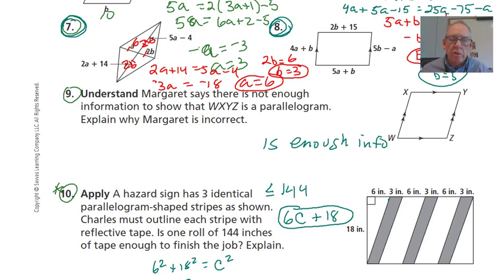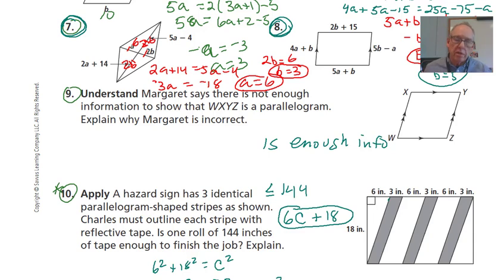So we add those together. 36 and 324 gives us 360, and that's going to be equal to C squared. So we want the square root of 360. Now, in simplest radical form, that's going to be 6 root 10.